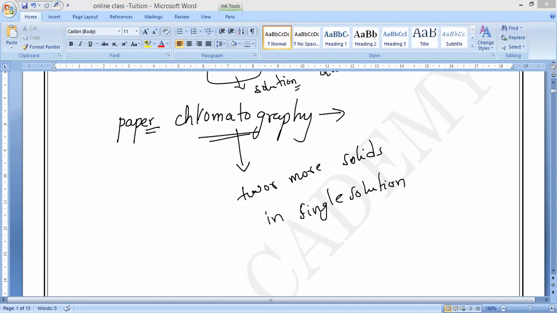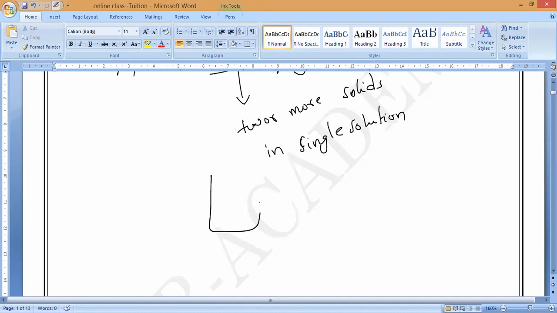You should remember that. Will all the substances dissolve in the same amount or different amounts? Different amounts. Different solids have different solubility.